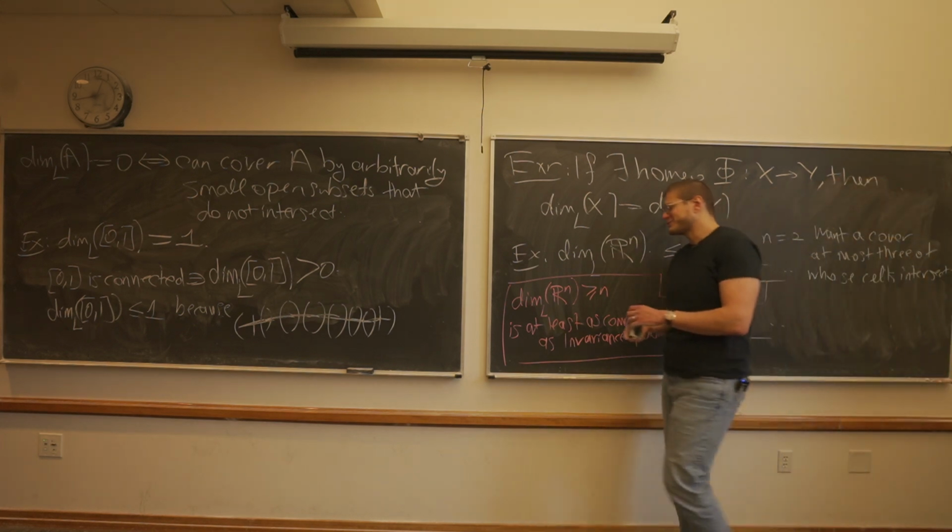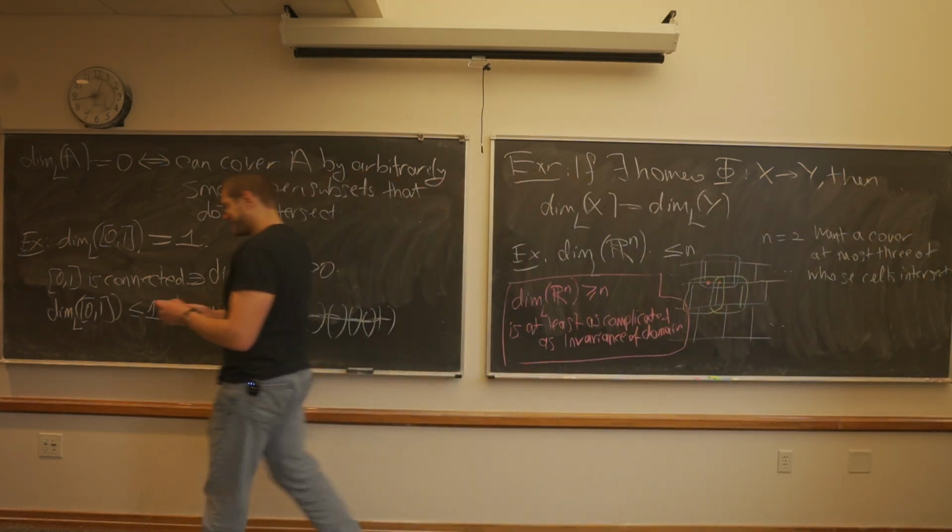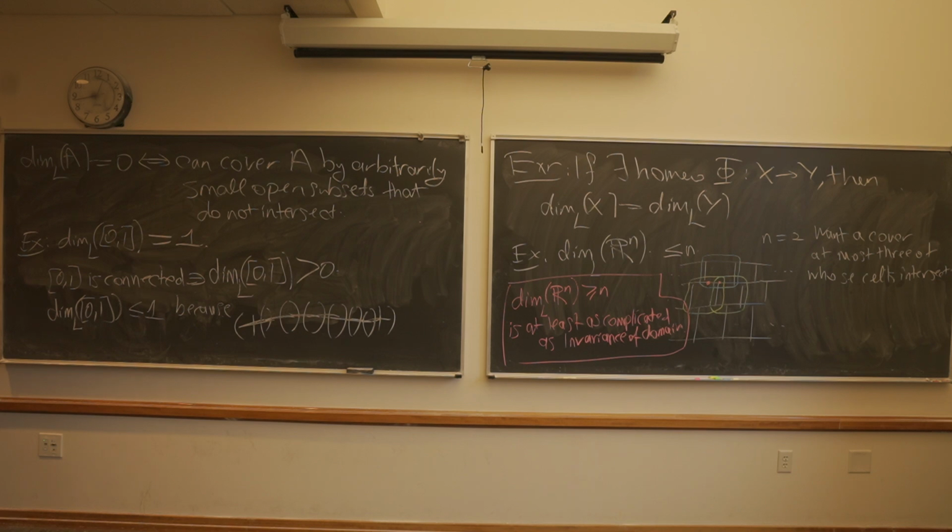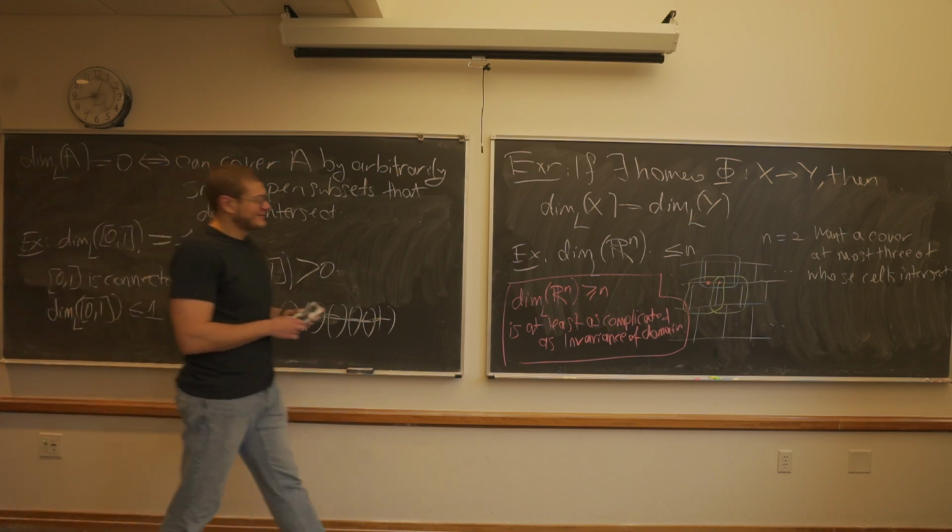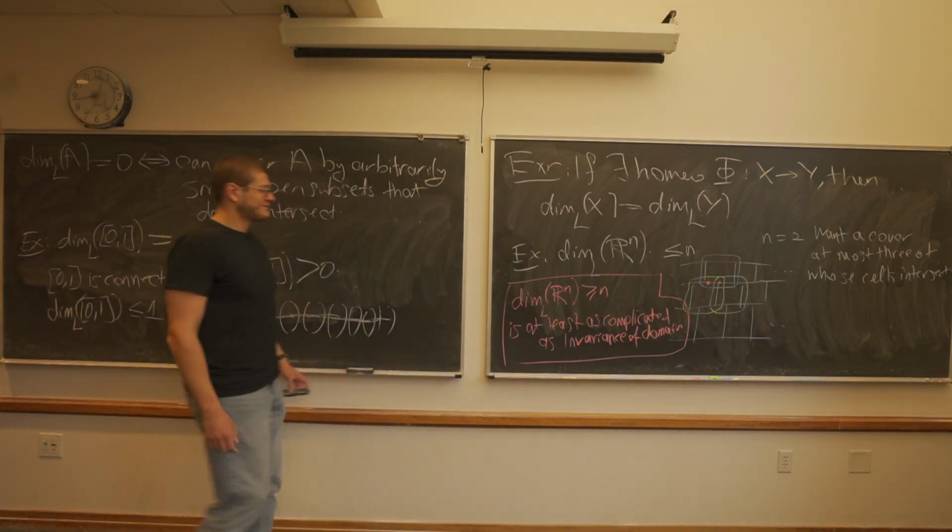Or maybe I'm not that comfortable with invariance of domain. I don't deal with topology that much, but maybe we can discuss this later. I don't have a lot of intelligent things to say about this.